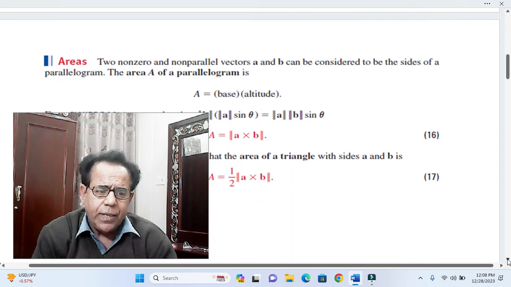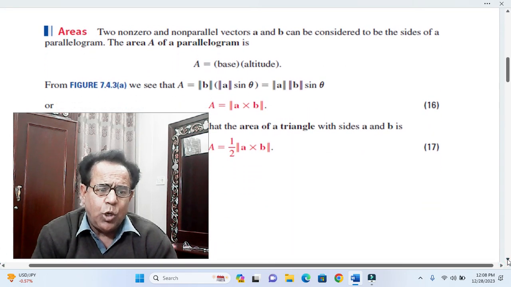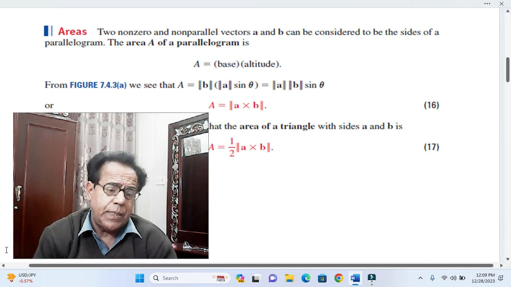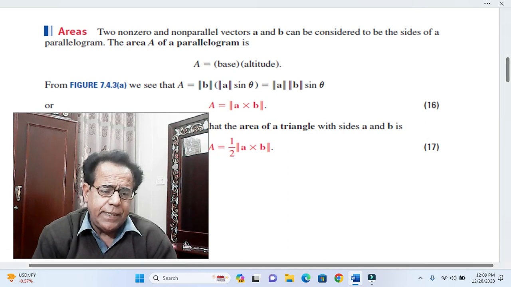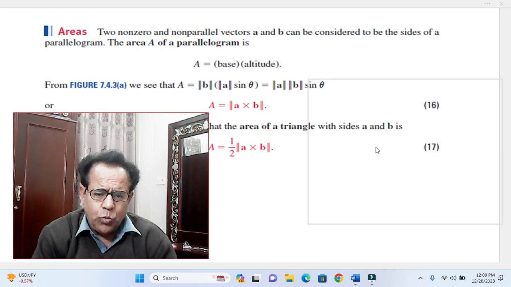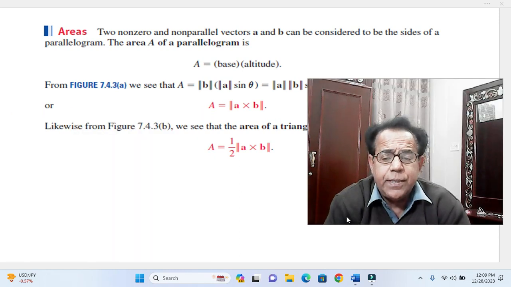This snapshot says areas. We do not go into the detail of this snapshot, we just come to the conclusion.